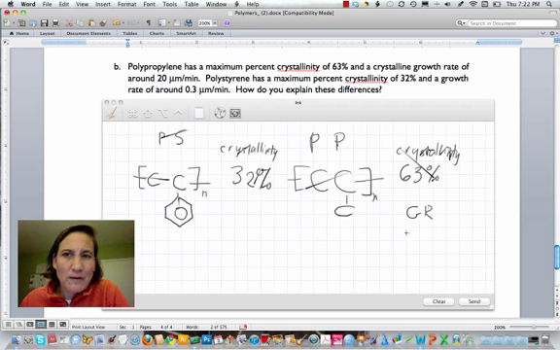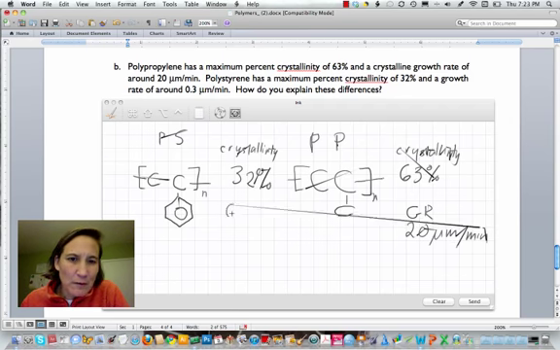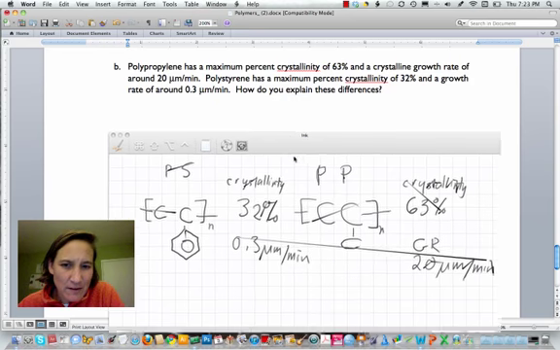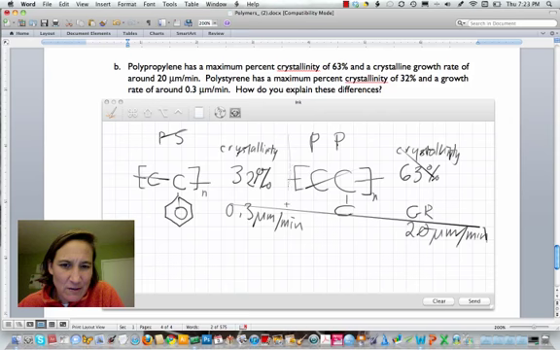The growth rate here is 20 microns per minute, whereas we have a growth rate over here of 0.3 microns per minute. So we have a slow growth rate on this side, slow growth rate, low crystallinity, and here's the structure. Here we have high crystallinity, high growth rate, and this is the structure.